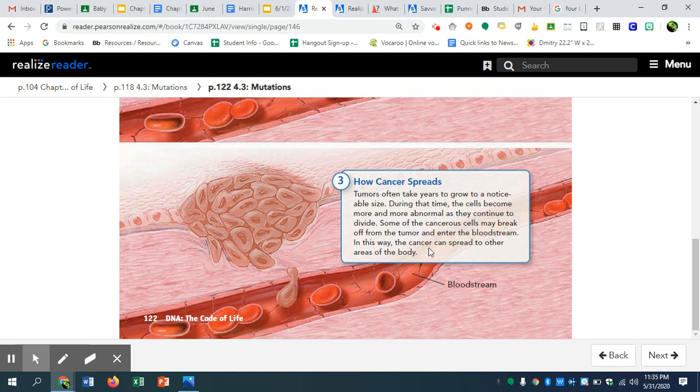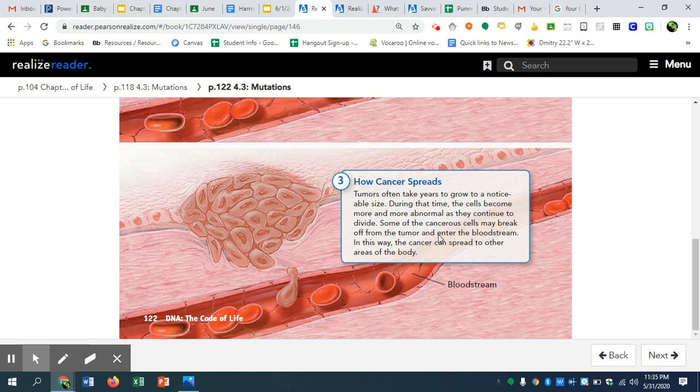Sounds pretty morbid. However, we have great technology today, and people who catch their cancers and who go to the doctor have great success rates in surviving. So that is the wonderful thing about this. So anyway, what is the cause and what is the effect? So the cause is some of the cancerous cells may break off from the tumor and enter the bloodstream.